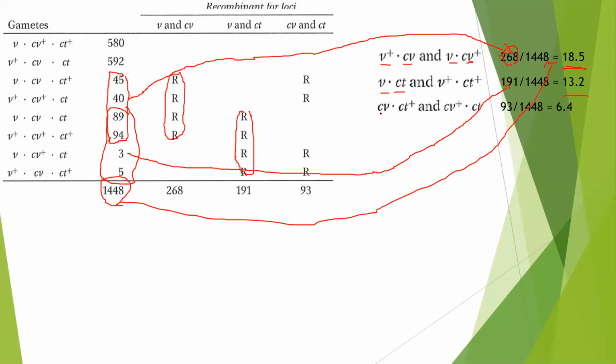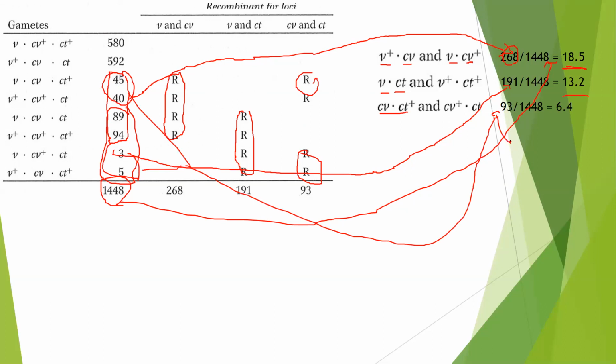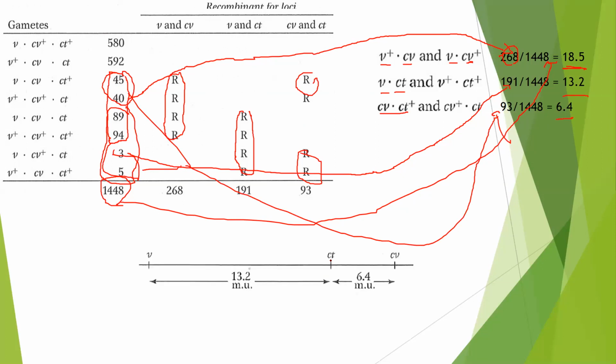And the same, if you look at these 2 genes, these 4 categories and these 4 numbers will add up to this, and this will give you the genetic map distance between these 2 genes, right? Okay, now you can put them together. So it's very, very easy. So the distance between V and CT is equal to 13.2 map units, and the distance between CT and CV is 6.4.